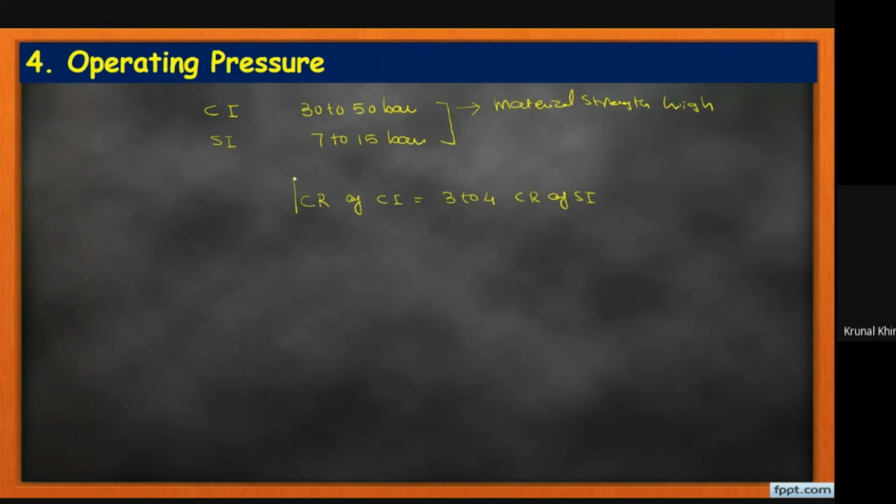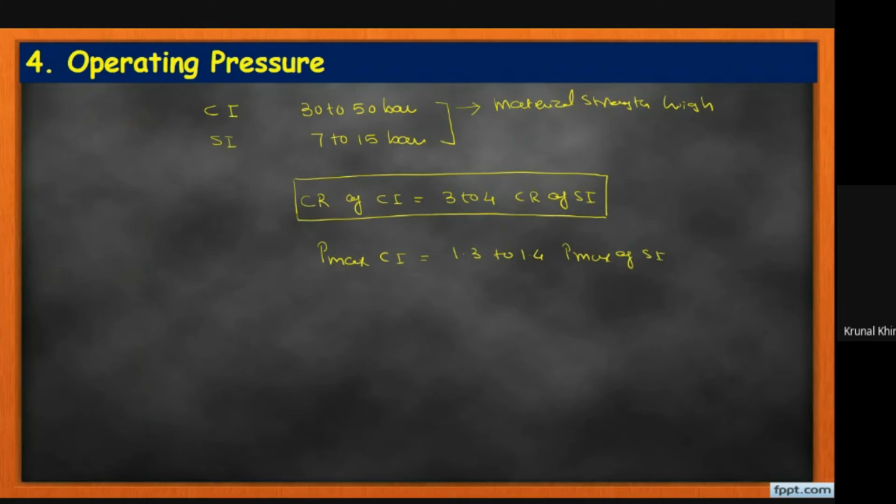Sometimes it is asked in MCQ-type examinations or competitive exams, what is the range of the CR of diesel or CI engines compared to SI engines. And we can also write that the maximum pressure of the CI engine is 1.3 to 1.4 times the P max of SI engines.